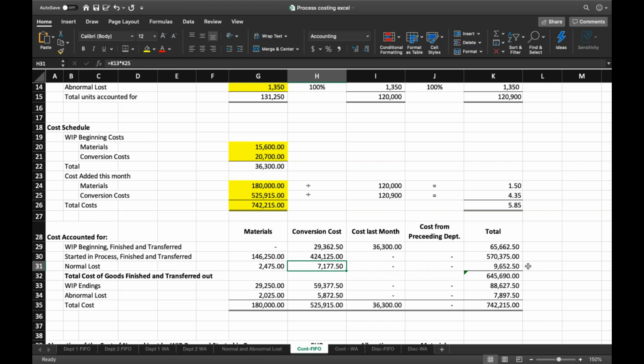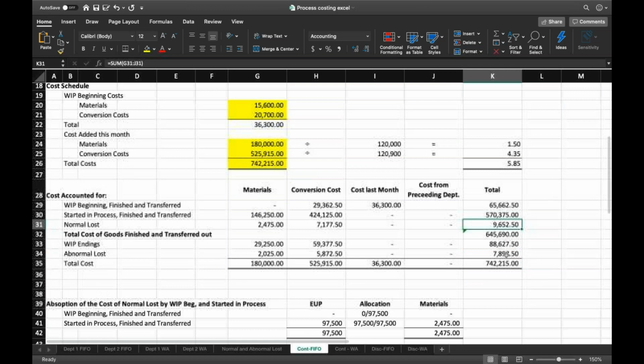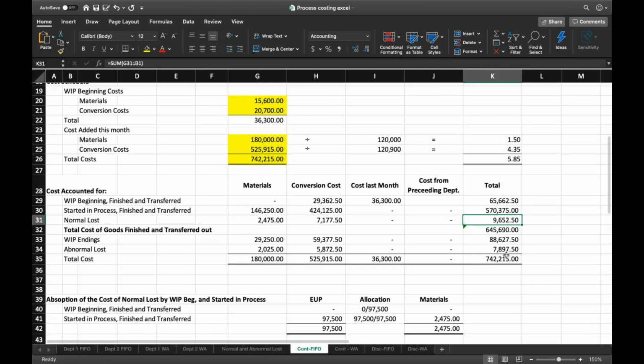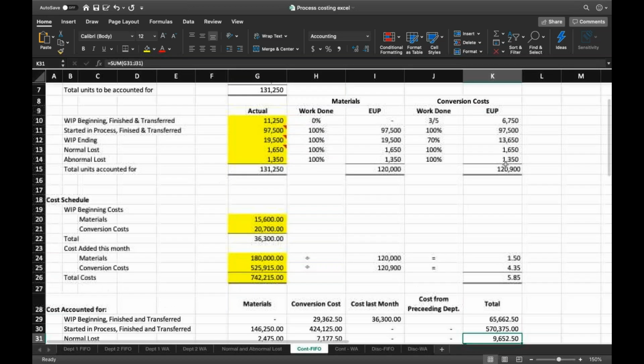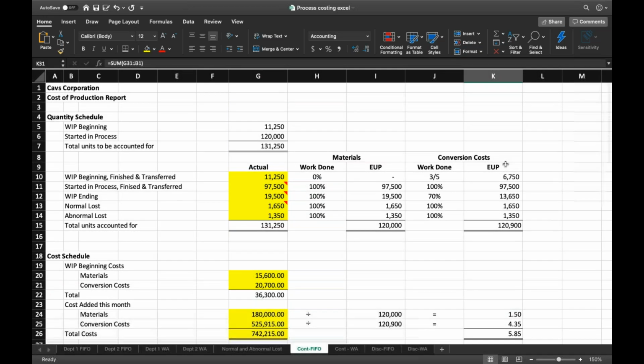Okay? So, ang total ng dalawa, 9,652.50. The 9,652.50 will be allocated to beginning and started in process. Simply because sila yung mga umabot o lumampas doon sa inspection point natin.